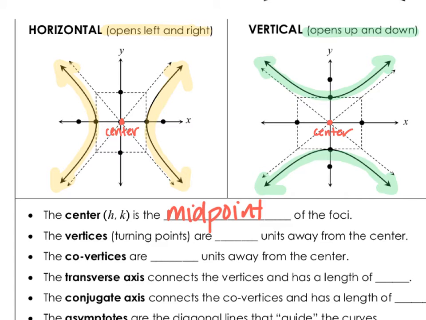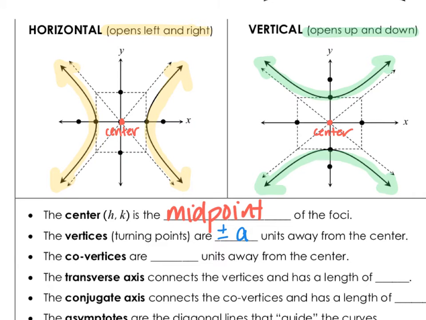All right. Now, the next important set of points that we need to understand are where our vertices are. So the vertices are the turning points. If these were parabolas, they would be what we would call our minimums or maximums, but these aren't parabolas. So we call these turning points. And they are plus or minus a units away from the center.